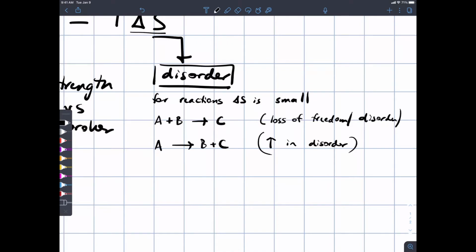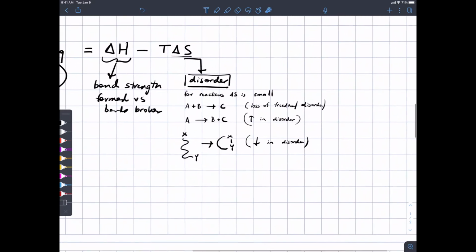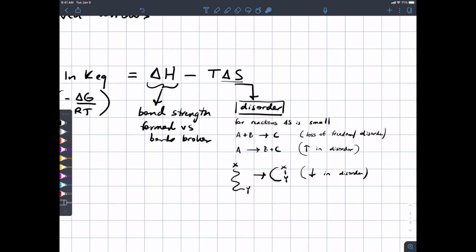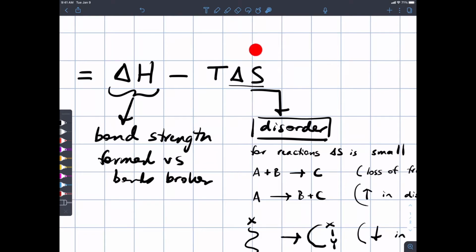Let's see, and if you have some molecule with 2 functional groups on either end and you do a reaction somehow that makes a new bond between them and you make a ring, that's going to lead to a decrease in disorder or entropy. It's difficult, so this is already too much that you didn't want to know.